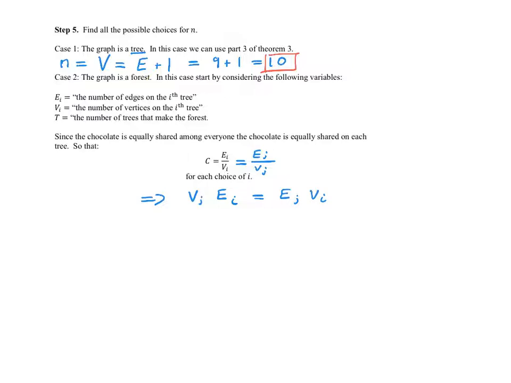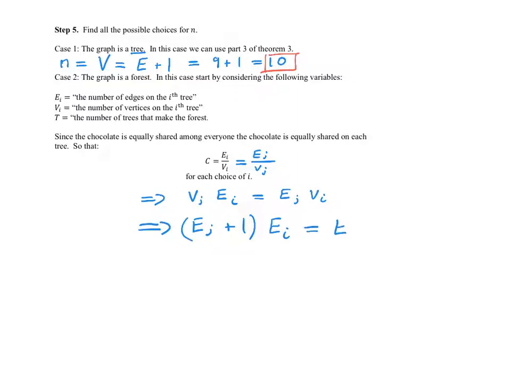Now let's remember, these are trees, so there's a relationship between the vertices and the edges. There's always one more vertex than the number of edges. So v sub j is the same as e sub j plus 1, all multiplied by e sub I, carrying from above.